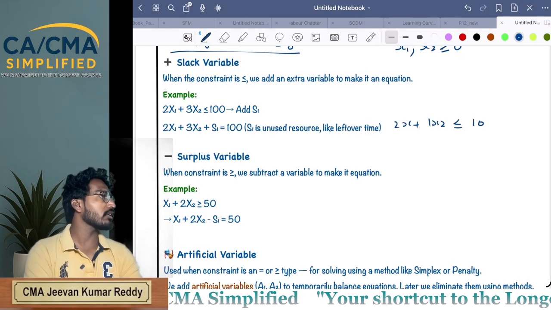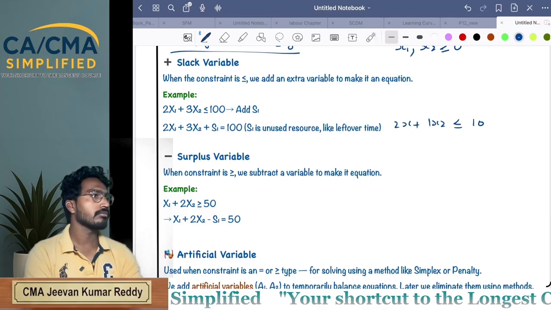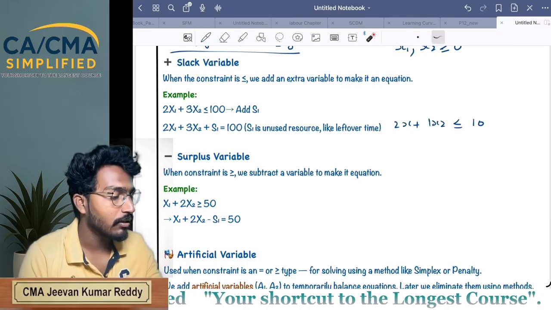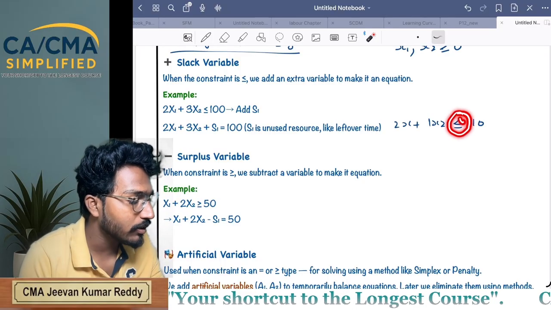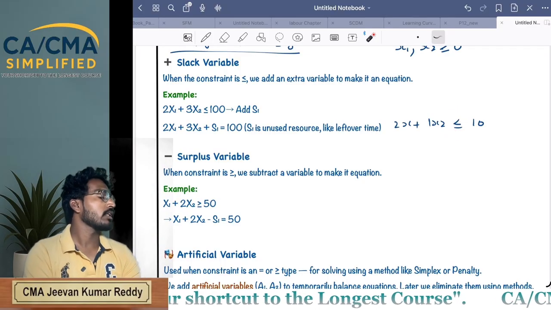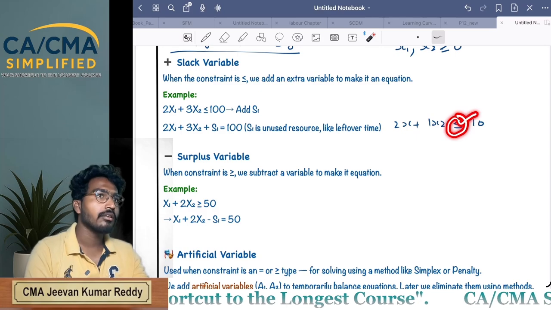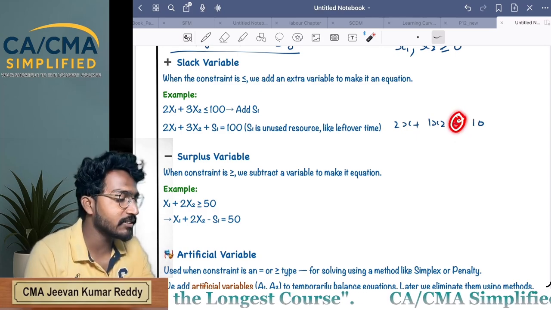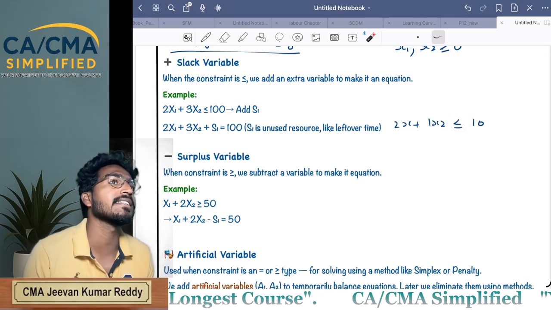Will you solve this particular equation? No one will solve it. Why? Because here the term is not a constant. Here it is a variable, less than or equal to. Here there is a constant, and the left side is less than it. How much less than?